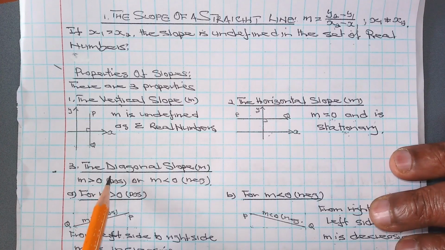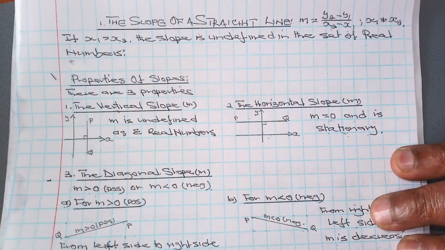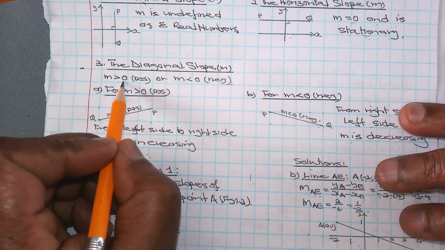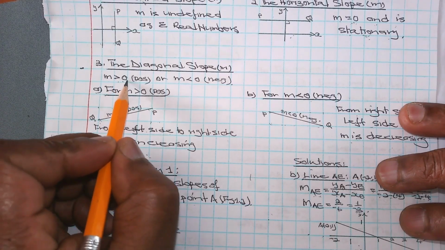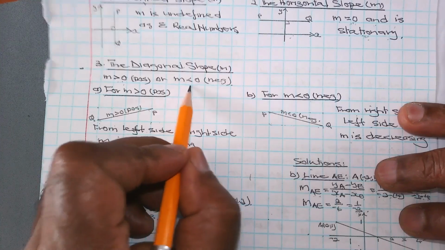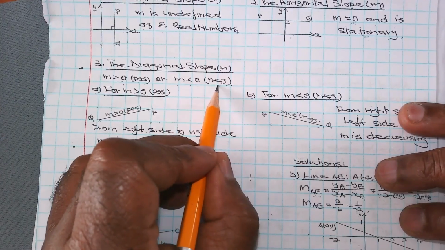We come to the third one, the diagonal slope. The slope of a diagonal line is greater than 0, which means it's positive, or m is less than 0, which is negative.